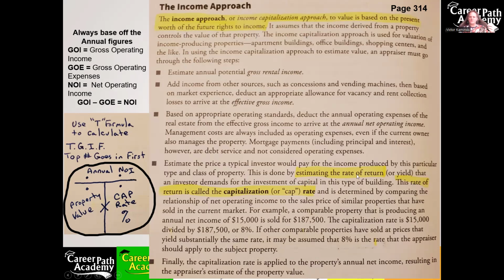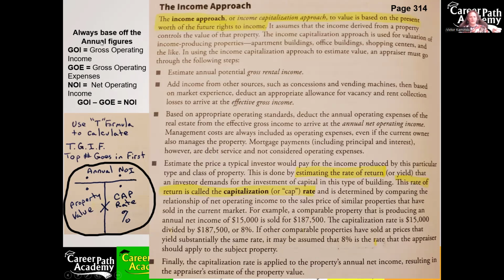So you're going to be estimating the rate of return of an investor's money. This is called the capitalization or cap rate. So we're going to learn about how to calculate cap rates. To do that, we're going to need some information. And I got some on the side here. You may want to make these notes on the margin of your book there on page 314.